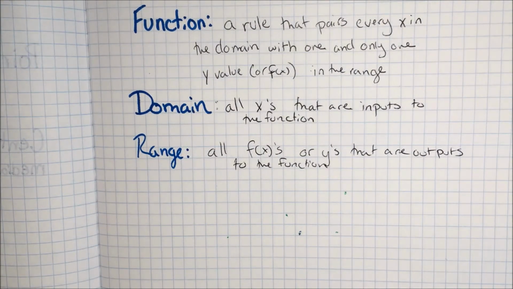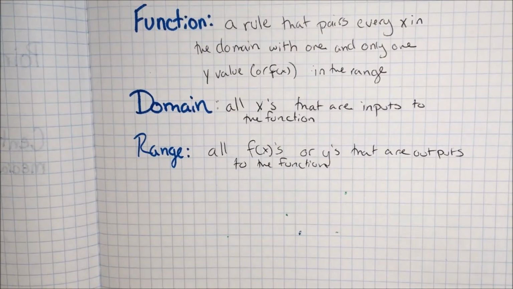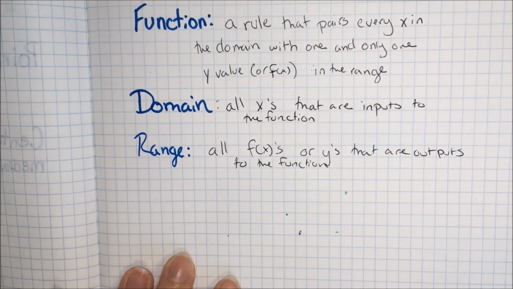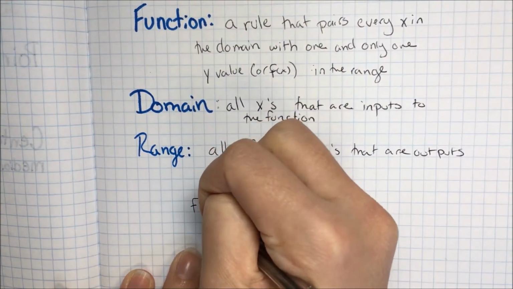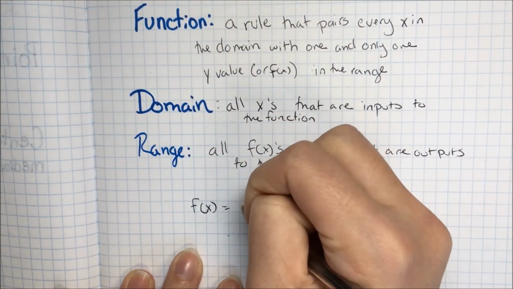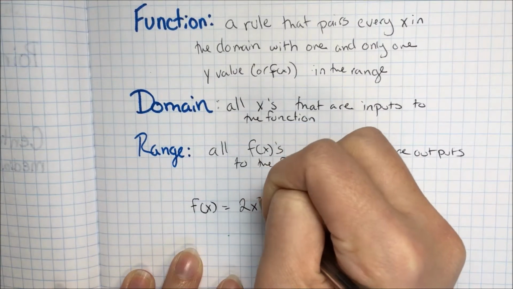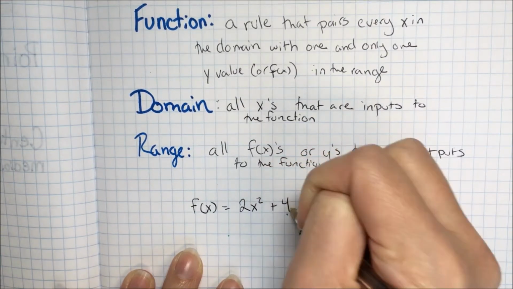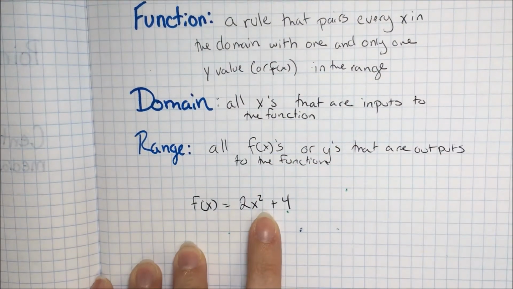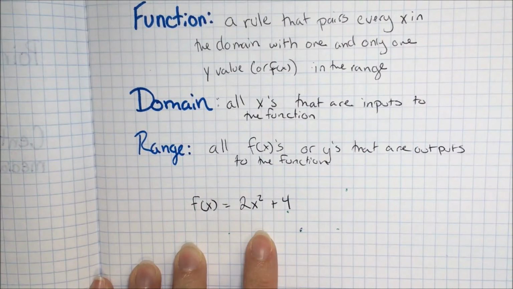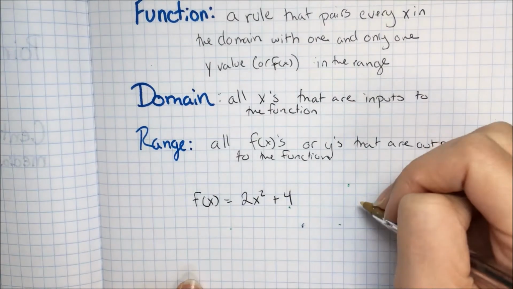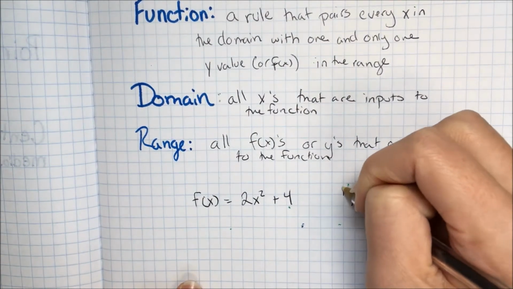So now we're going to evaluate a function, okay? So if I said f of x is 2x squared plus 4. That's my rule. Take x, square it, multiply it by 2, add 4, okay? So x, those are my inputs.